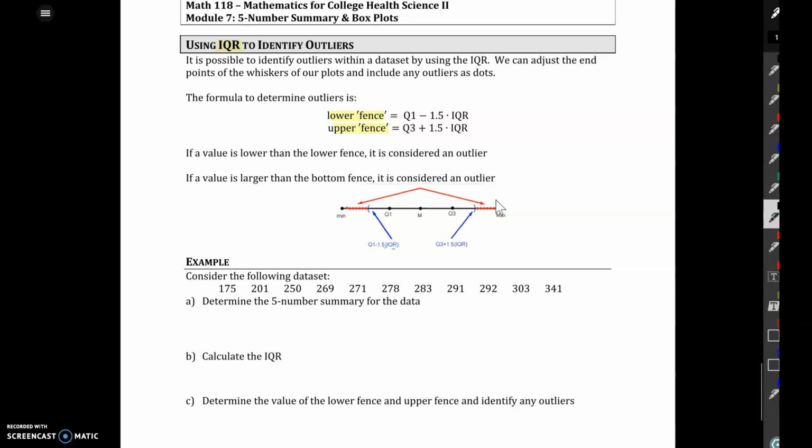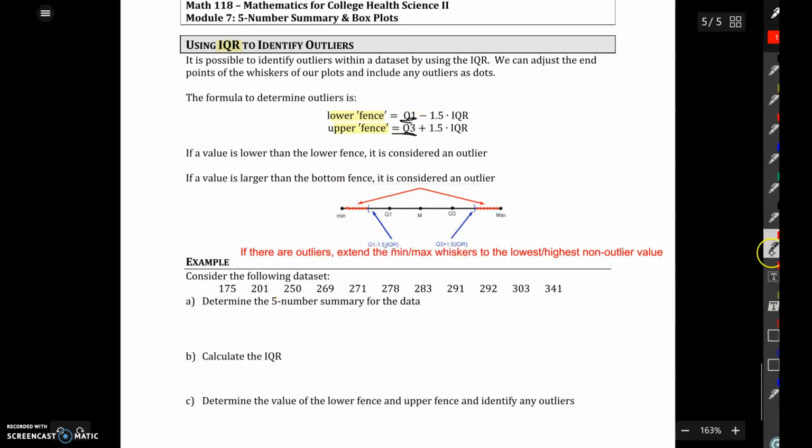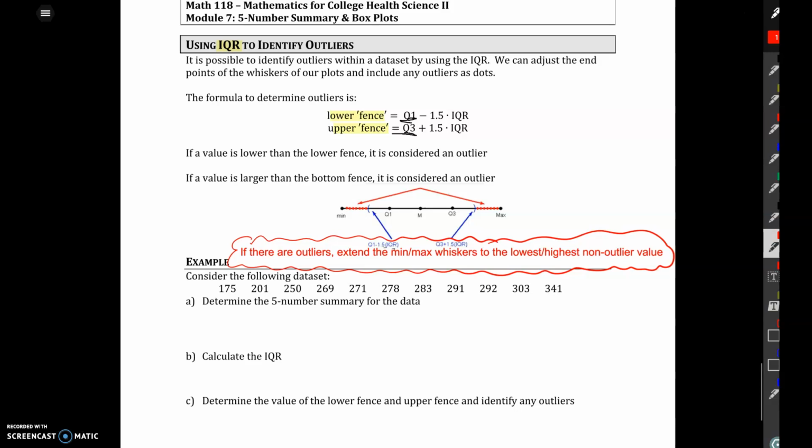The highest non-outlier value is going to be 1.5 times the interquartile range above Q3. If there are outliers, we're going to just extend the max and min whiskers, not to the absolute max or min in the data set, but just to the lowest or highest non-outlier values.